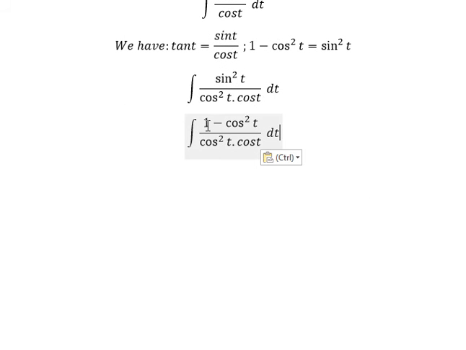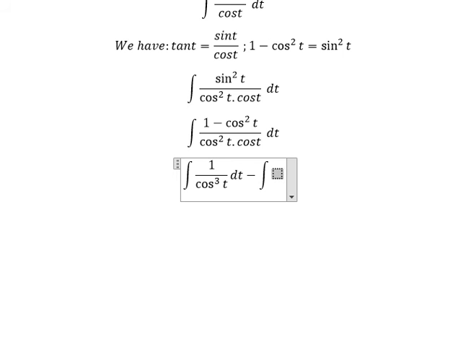So we can separate them into two integrals. The first one is 1 over cosine t to the power of 3 minus 1 over cosine t, because we have cosine t square divided by cosine t square.